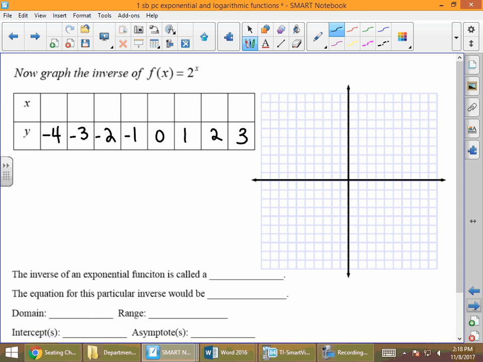Our x and y values switch. That's the whole idea behind inverse. So for me, 1/16, 1/8, 1/4, 1/2, 1, 2, 4, 8. Copying the table down from our first example, just switching the x and the y values.